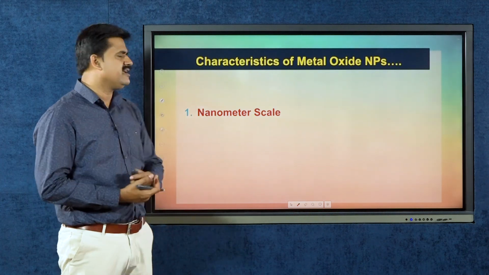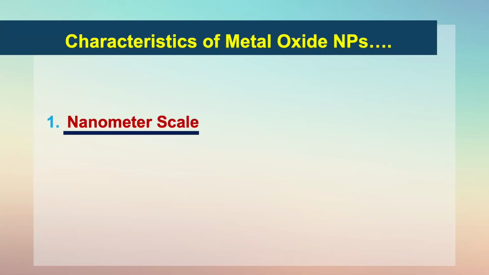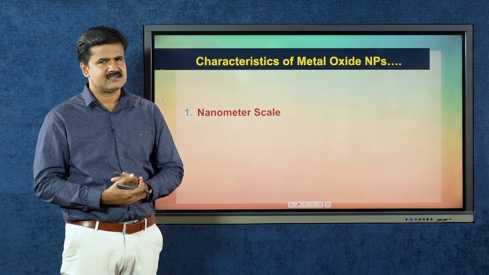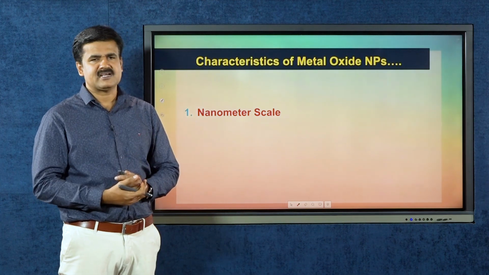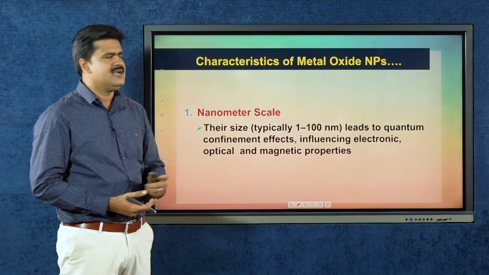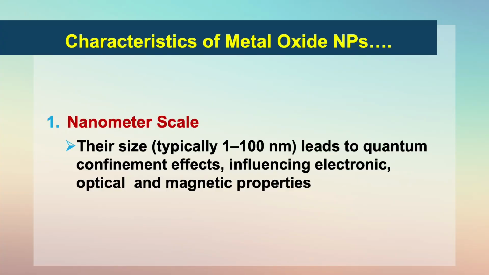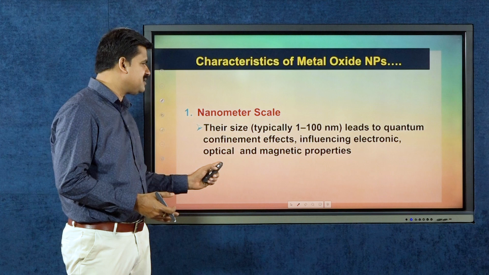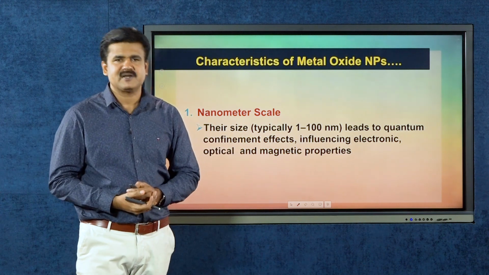The first one is nanometer scale. It is very well clear that the metal oxide nanoparticles exhibit size in the nano regime. Their size, typically 1 to 100 nanometer, leads to quantum confinement effect. This quantum confinement effect has a strong influence on electronic, optical as well as magnetic properties.